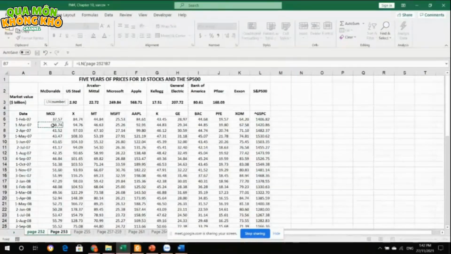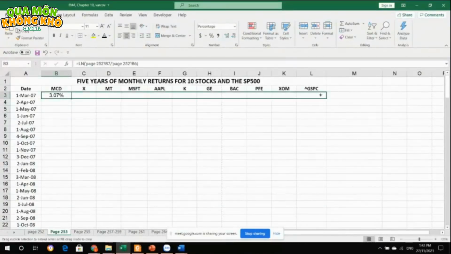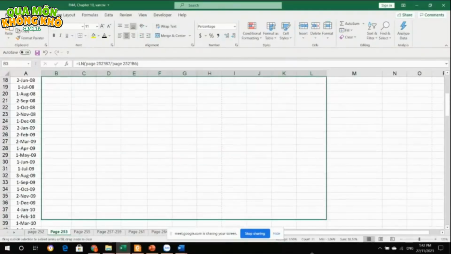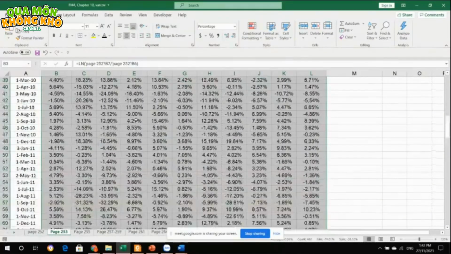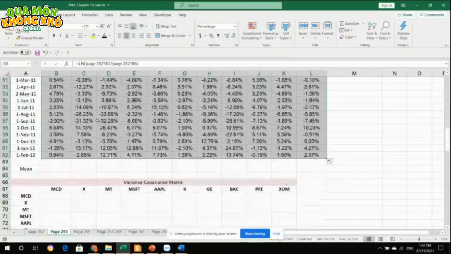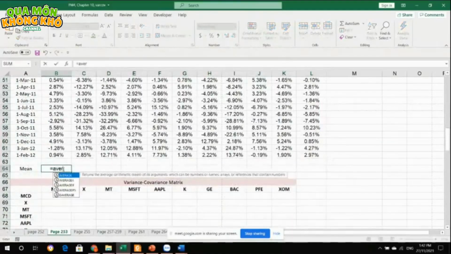Check the number here divided by this. Yes, we have the return of the stock, and we calculate the mean by using the function average.